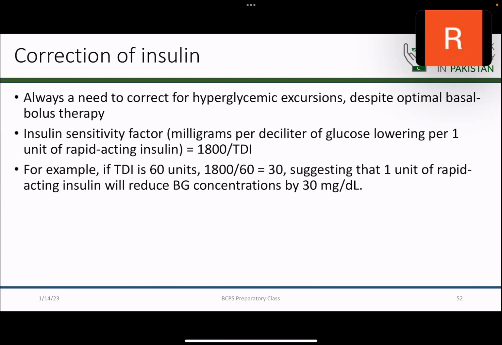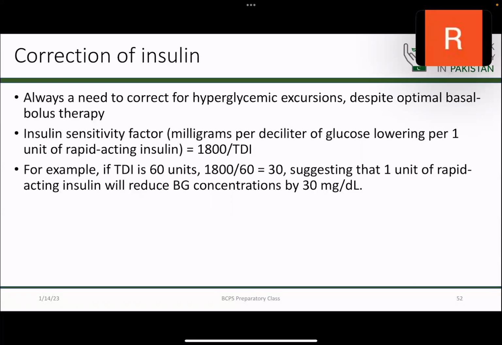For correction of insulin based on glucose levels, one of the easiest formulas is called the insulin sensitivity factor. This is the milligrams per deciliter of glucose lowering per 1 unit of rapid acting insulin.